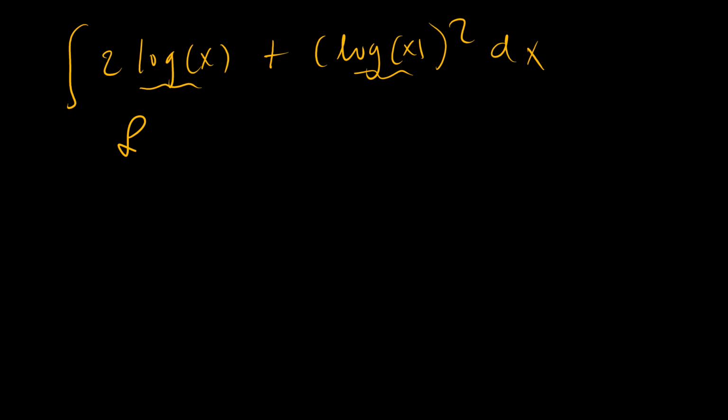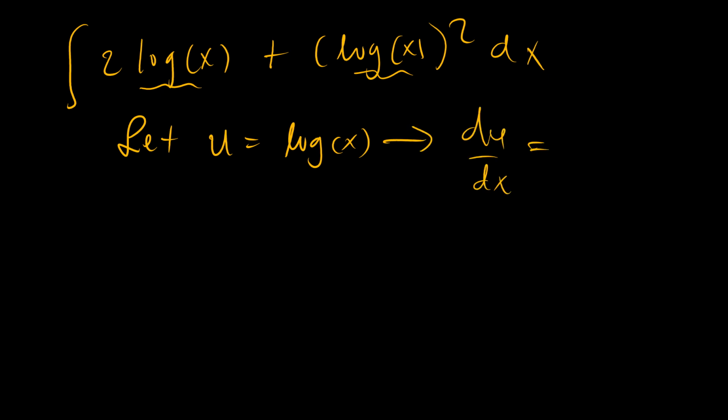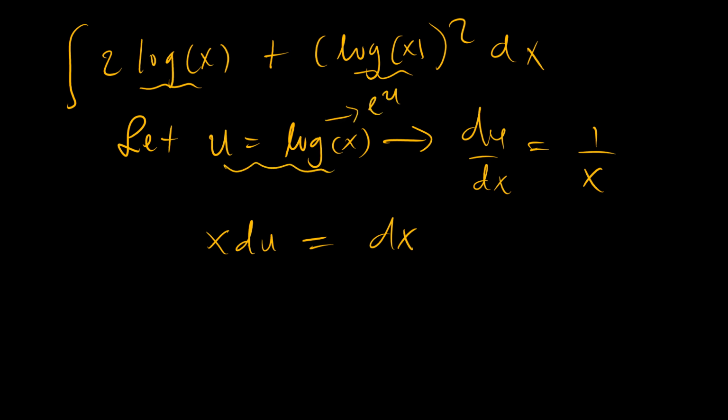So what we could do is just say let u be equal to natural logarithm of x, and that means that du dx is equal to 1 over x, and that means that x du will be equal to dx, and from here we can say that e to the power u is equal to x. So here we can then say e to the power u du can be used to substitute for dx, right?